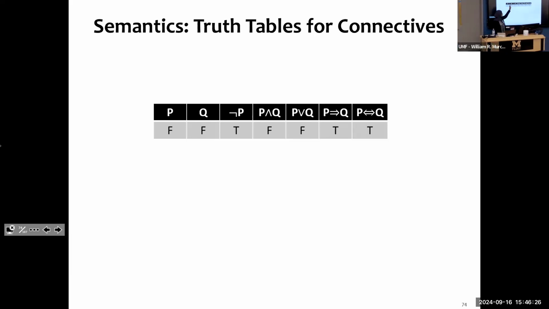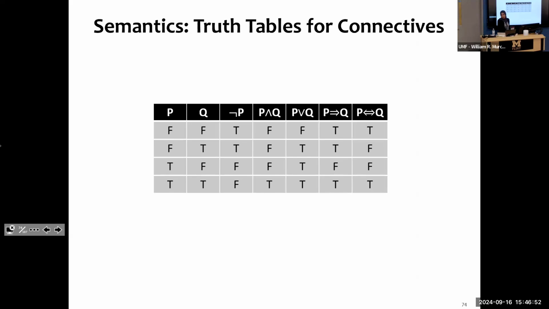P and Q both false means false. And for the or, at least one must be true, and both are false, so already false. And the implication, false implies false, yes, that's true. And the biconditional also gives true. Are you familiar with this? Okay, then we have false true, true false, and true true.